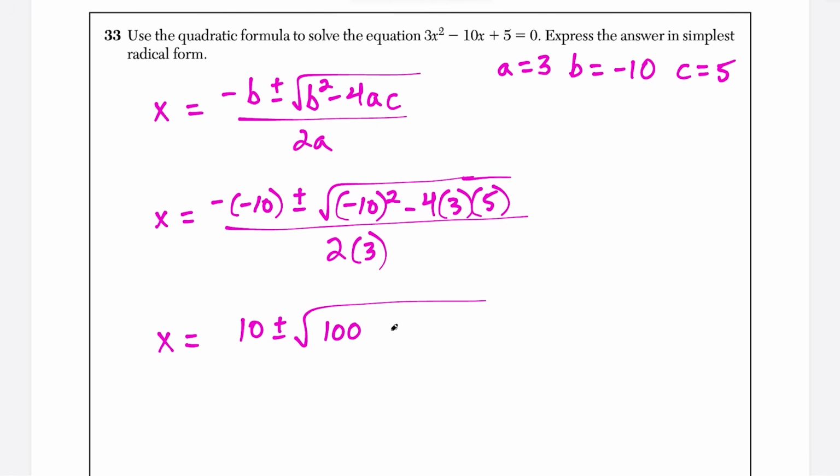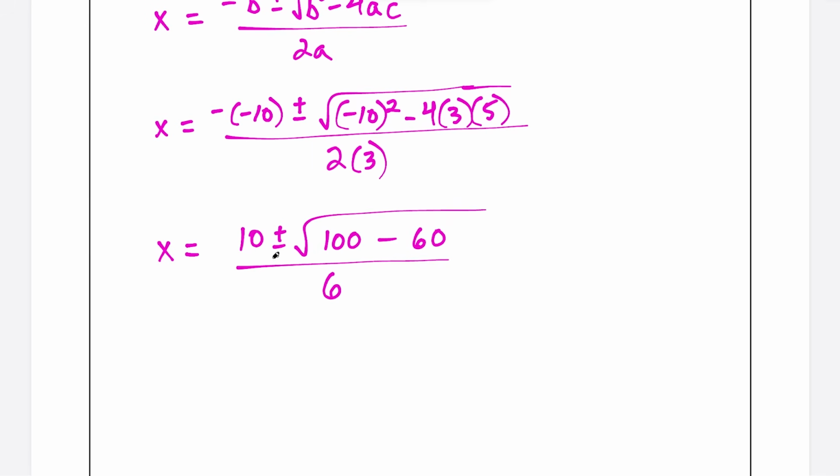We have 100. And then minus 12 times 5 is 60. If you want to jump right to the 40 step, you can, but I'm just going to show this piece by piece. And then we have 2 times 3 is equal to 6. So now from here, what we could say is that x is equal to 10 plus or minus the square root of 40 over 6.